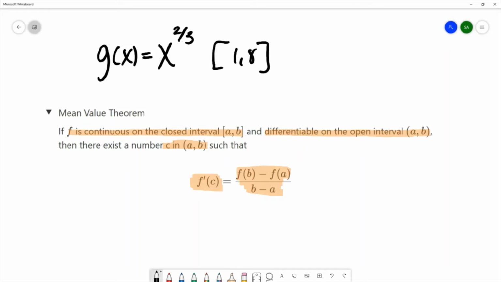So if you'll recall, this left-hand side of the statement of the conclusion represents the derivative at a point, which is the slope of the tangent line. And then the right-hand side of the statement is the slope of our secant line.